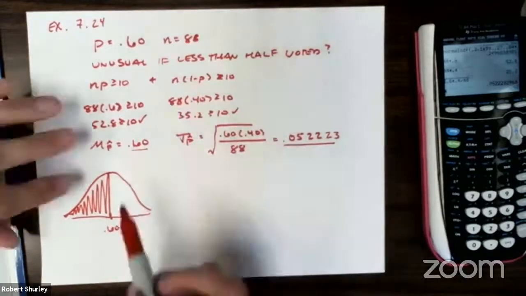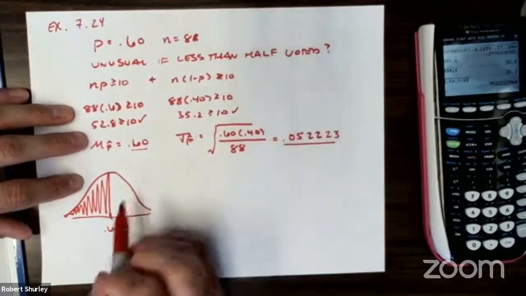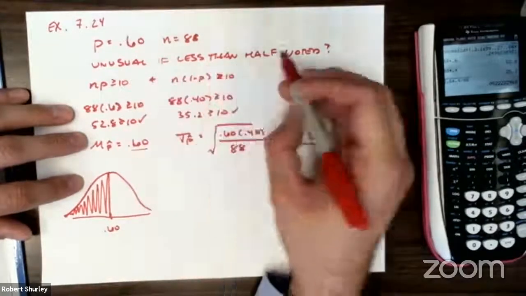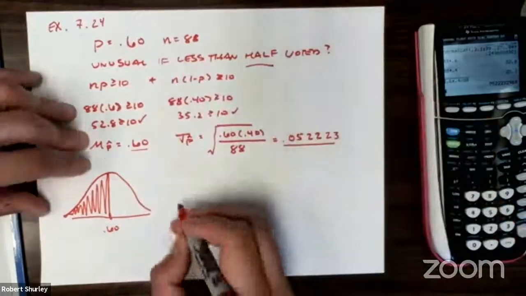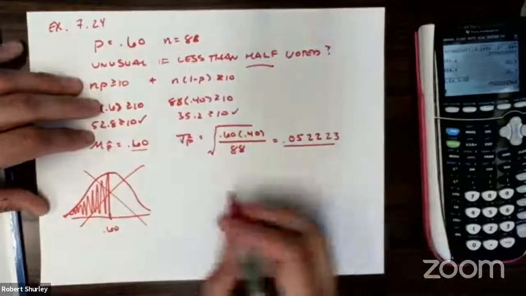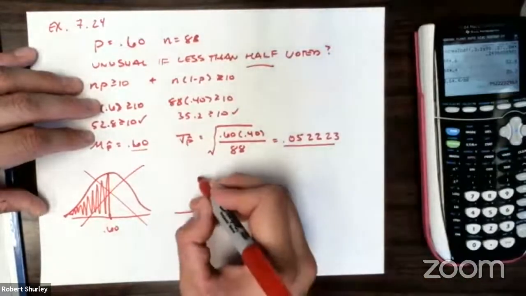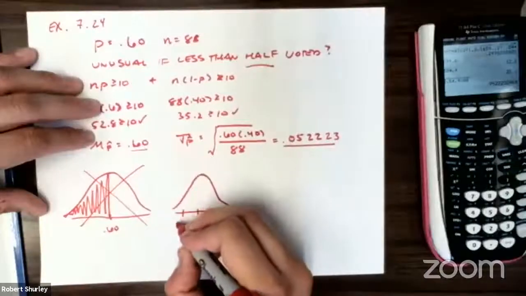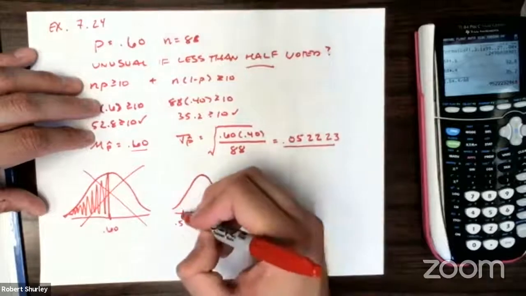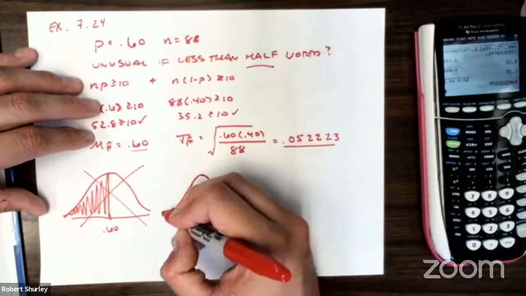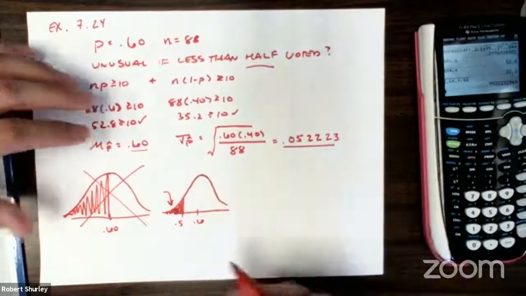If less than half. Oh, no, this isn't right. It's not 0.6 because I want to know, is it unusual if less than half? That's 0.5, right? I'm going to mark that out. My brain. It's Monday. We'll blame it on that today. If 0.6 is here, 0.5 would be over here somewhere, right? I want to know the area here, right?